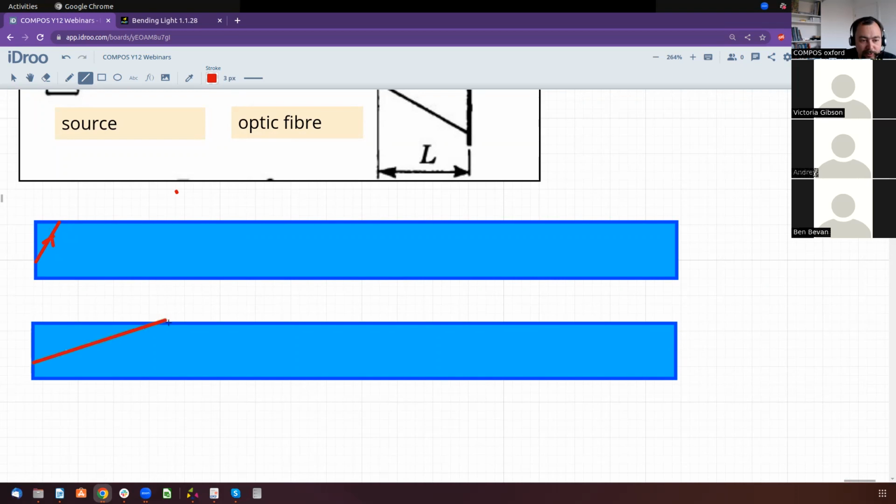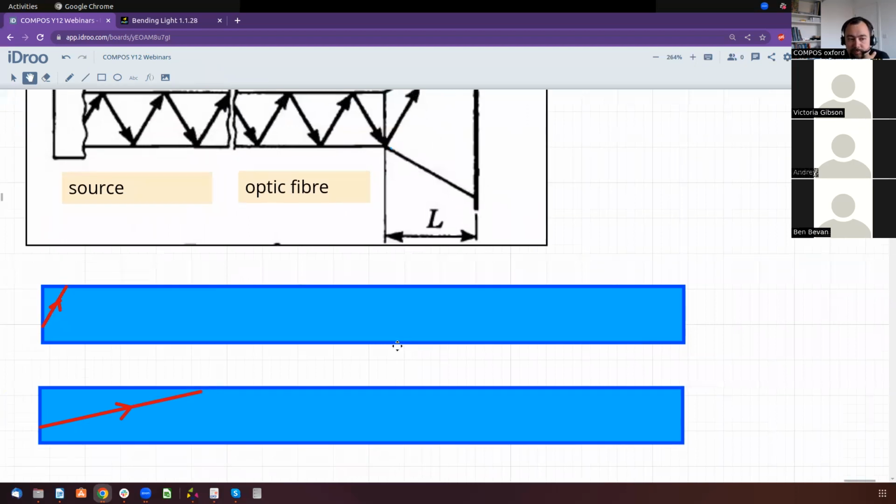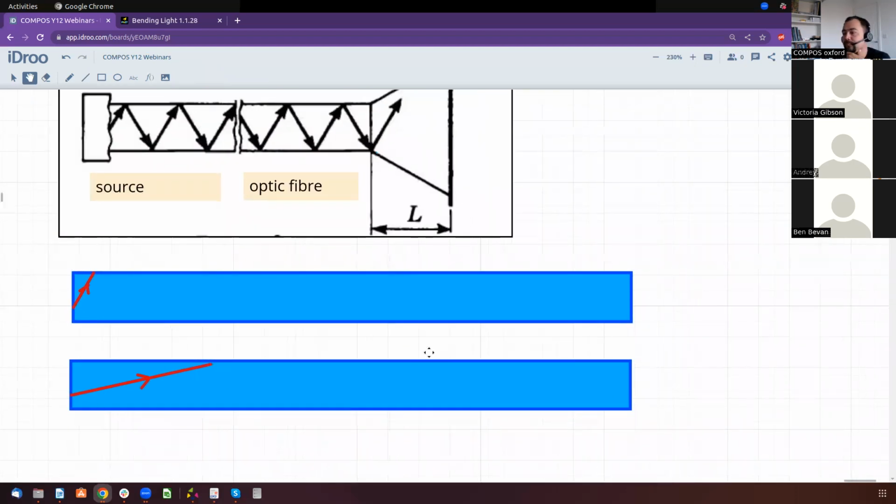And in the second optical fiber, light is traveling like this. Which beam will reach the other end? Which ray of light, A or B, will reach the other end?